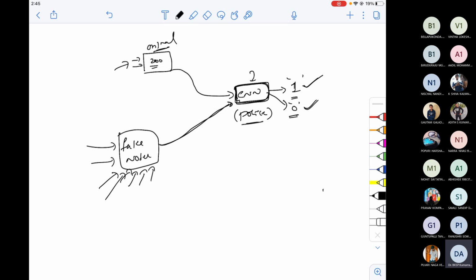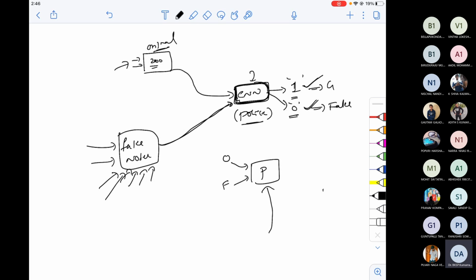Now, as the person trying to make fake notes, if I start sending a lot of details to my CNN, assume that the police are getting trained to detect the original currency and the faked currency. Then tomorrow when you supply a new currency, the police will be able to tell whether it's the original one or a faked one.